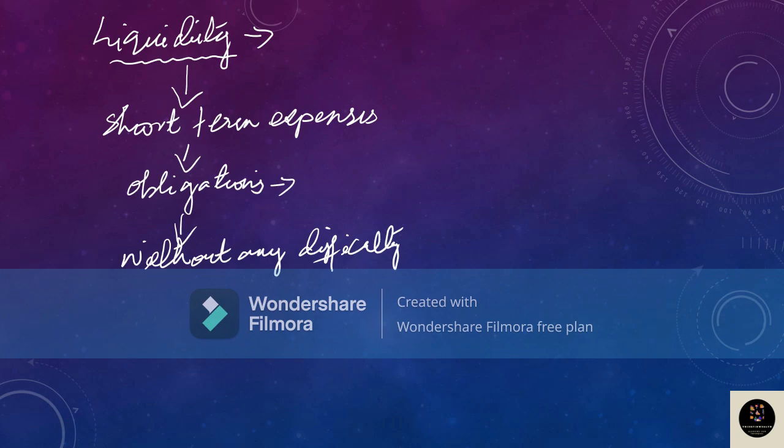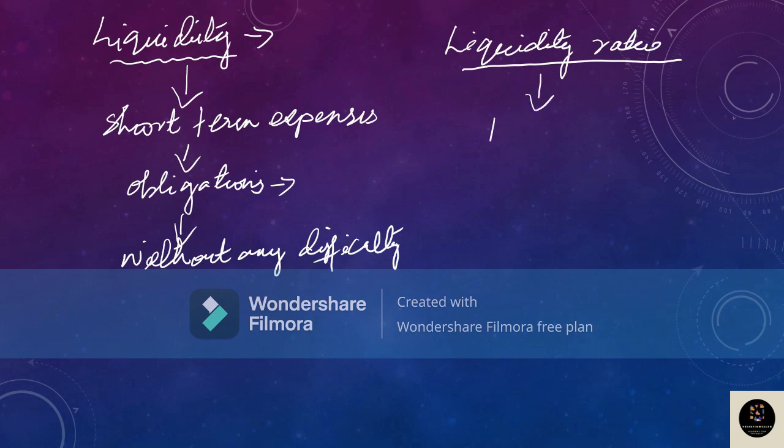Here we have the liquidity ratio. In the liquidity ratio, we look at whether the business is having any pressure, maybe from outsiders or insiders, to meet its obligations.